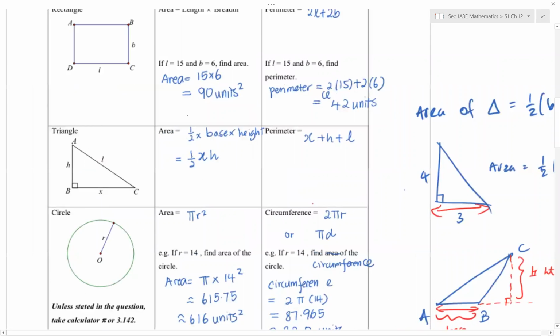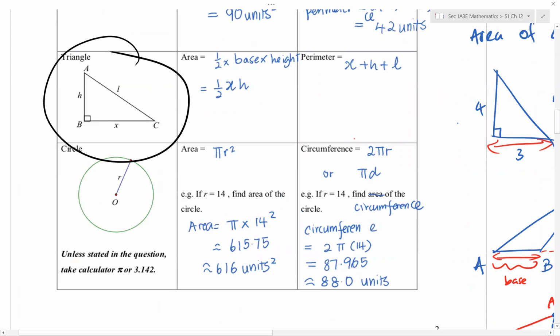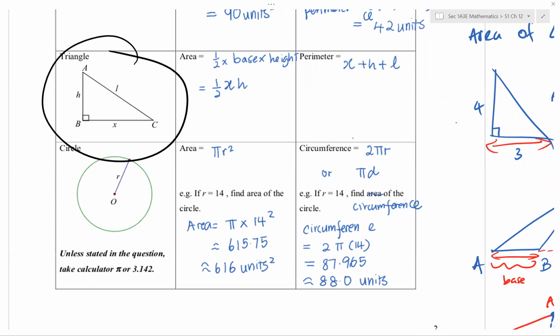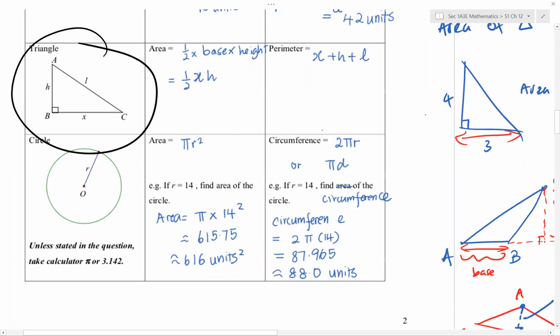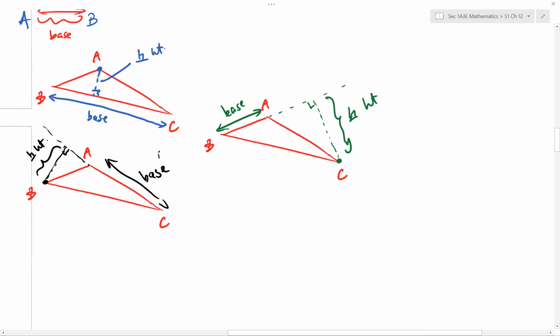This is a very simplified example. Do you think we're going to be testing you on area of triangle, or are we going to give you this kind? Most likely, we are going to give you this question, and most likely certain information only.